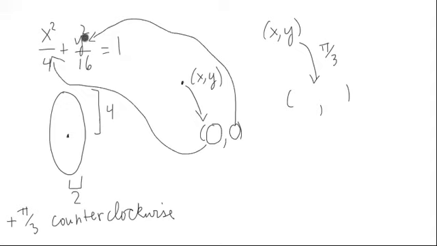The solutions of that equation will actually represent the conic rotated pi thirds. So we need to figure out how to do this part, and then we're essentially done. We take x, y, and we rotate it pi thirds clockwise to get an ordered pair here.